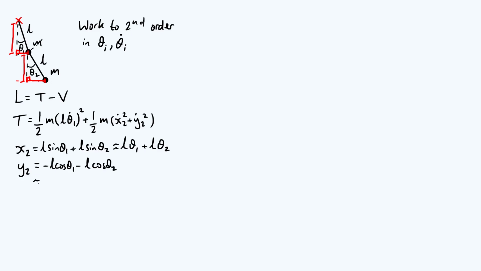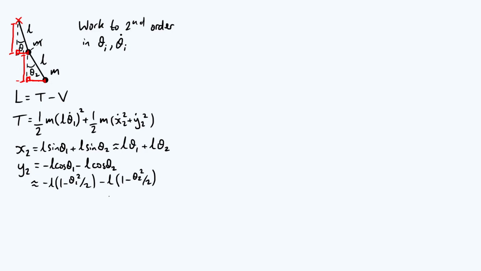If we apply the small angle approximation there, cos θ is roughly 1 minus θ squared over 2. I'm going to have both of those terms if I'm working to second order. If I just plug that approximation in, this is roughly minus L times (1 minus θ1 squared over 2), and then minus L times (1 minus θ2 squared over 2).